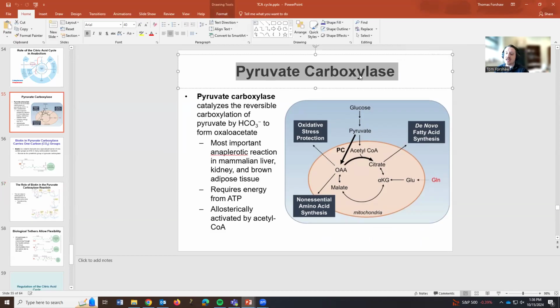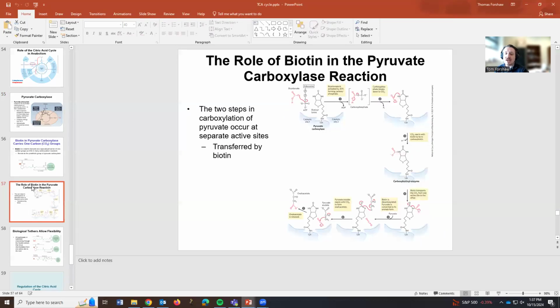And what pyruvate carboxylase does is that it generates oxaloacetate in an anaplerotic reaction from pyruvate by putting a CO2 from bicarbonate on to extend the carbon chain from 3 in pyruvate to 4 for oxaloacetate.